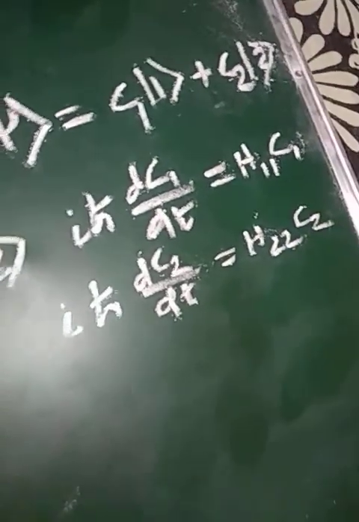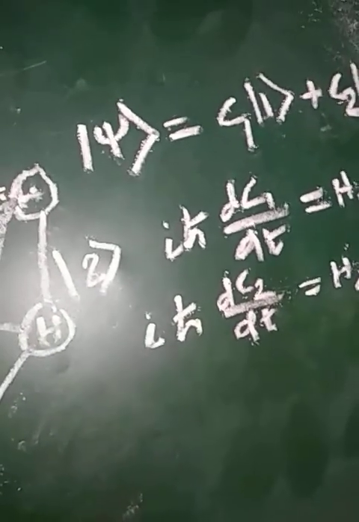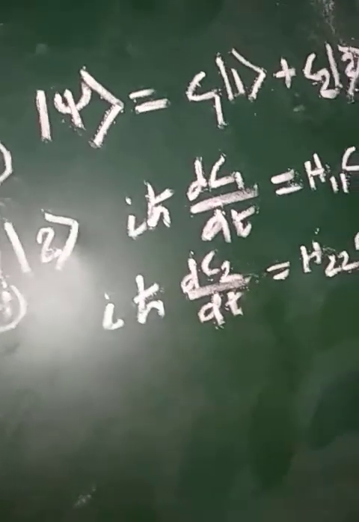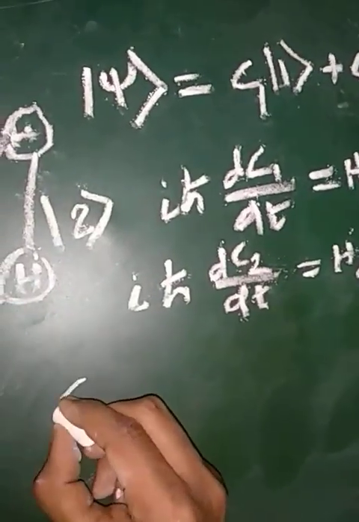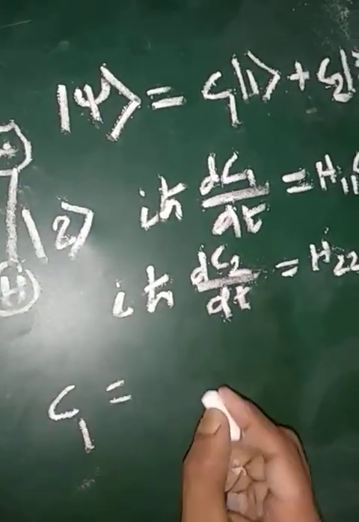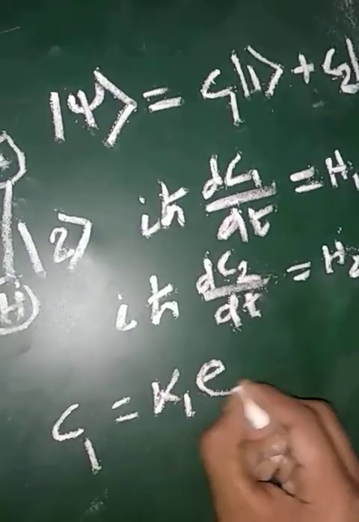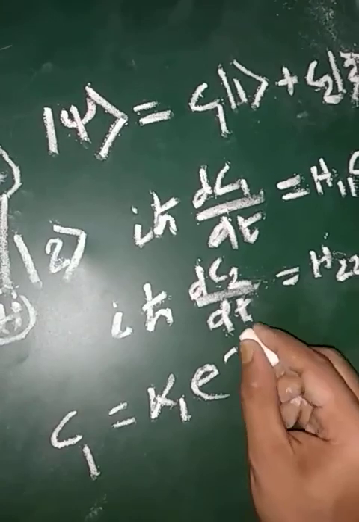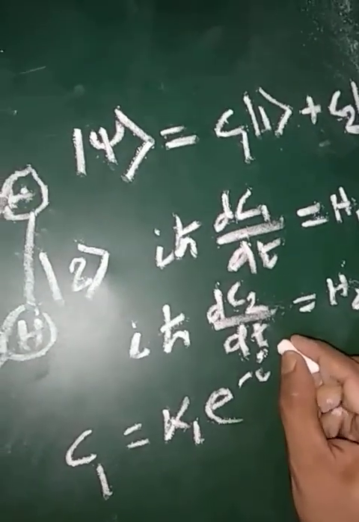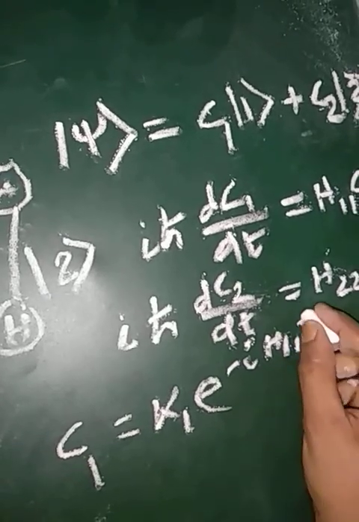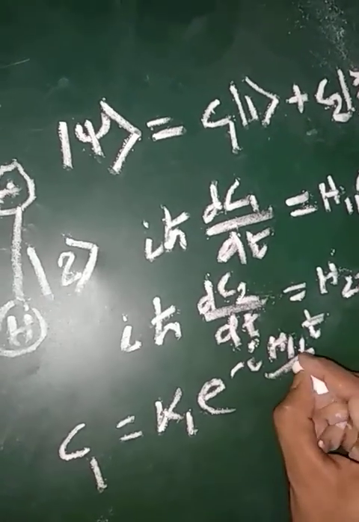Both of these equations can be solved, and the solutions are given by C1 equals some constant, say K1, times e to the power minus i H11 t by h cut.